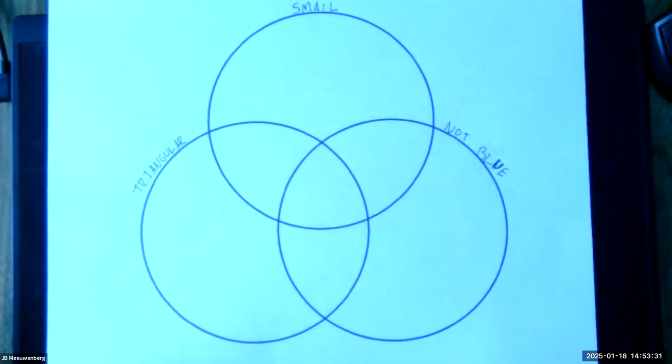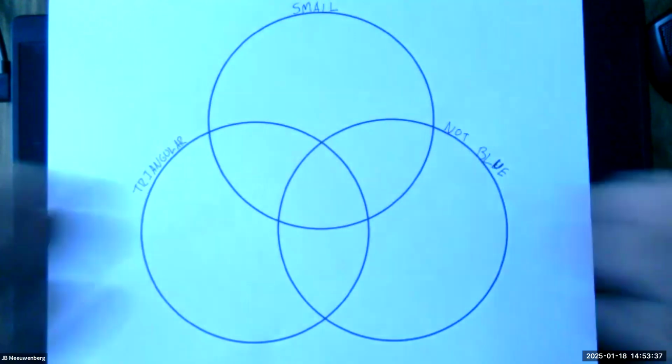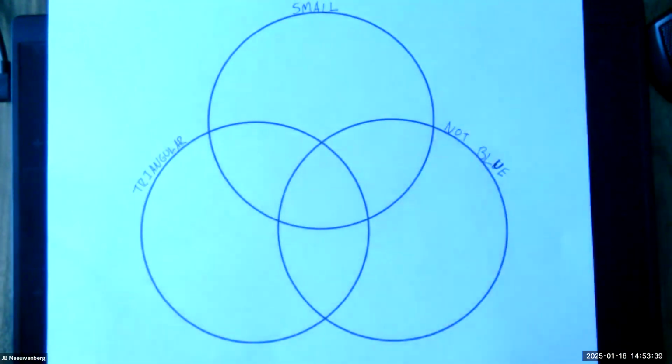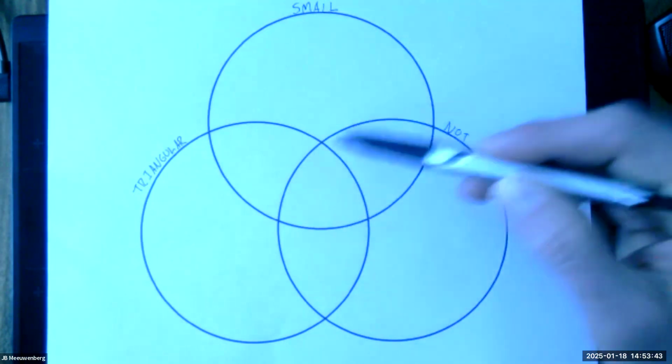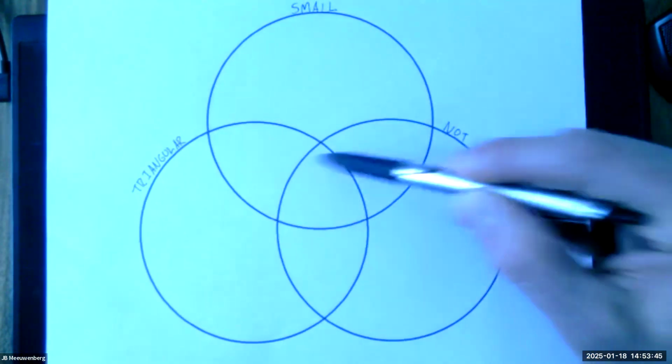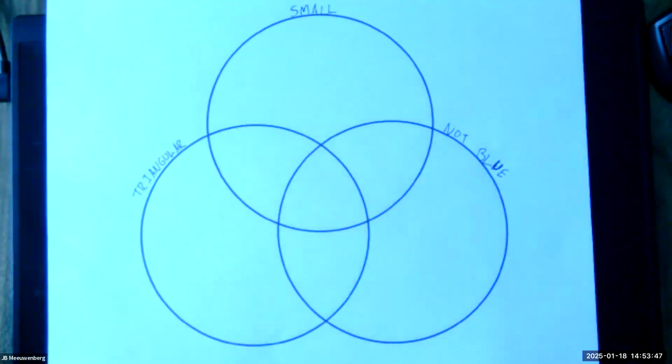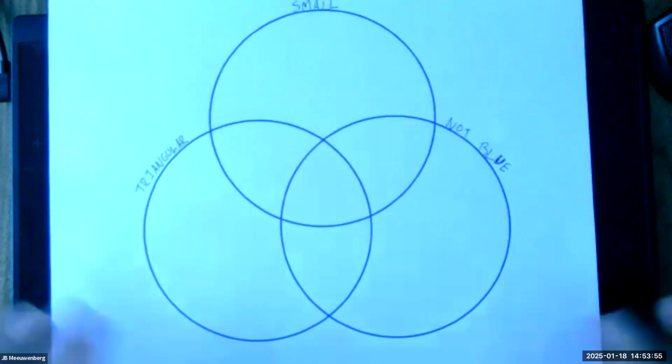So again, go ahead and arrange your attributes appropriately inside and outside the circle, making sure that you're giving special consideration to any of these overlapping sections in the middle. Okay, pause the video, complete that, and then come back while I work on it.